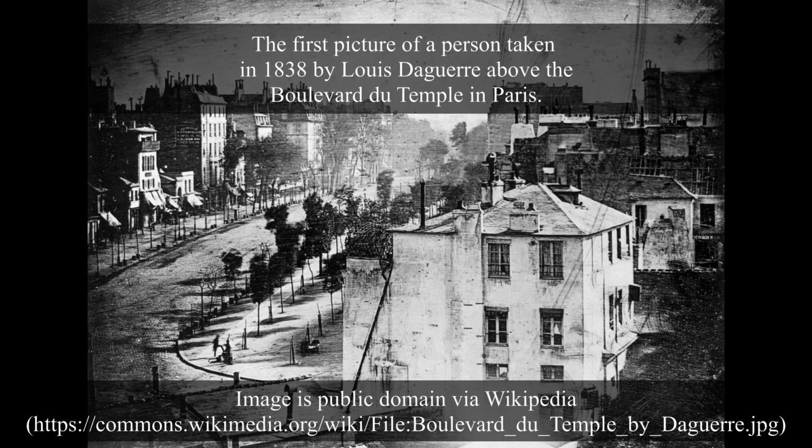But if you look at the image, you'll see that there's just one, or actually two people that are in the image. Those two people, why did they get their picture taken? Well, the reason they got their picture taken was because they were the only ones standing still. It was a man who was getting his shoes shined by a shoe shiner. So the shoe shiner moving a little bit, but for the most part stationary, and the man getting his shoes shined also stationary. They were there long enough in order to get their picture taken.